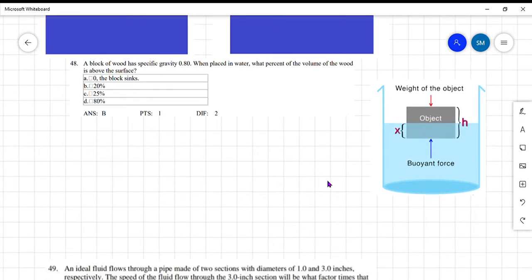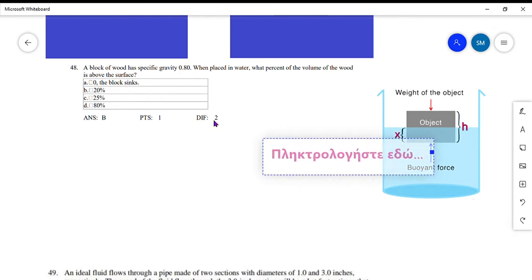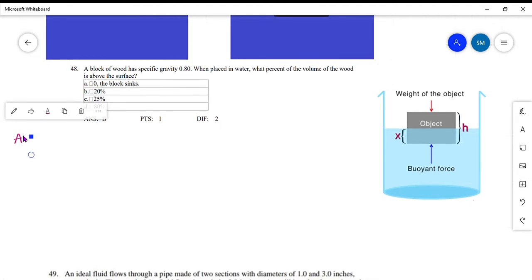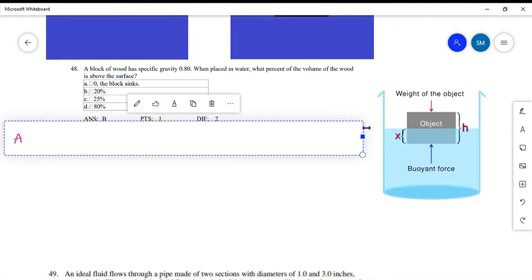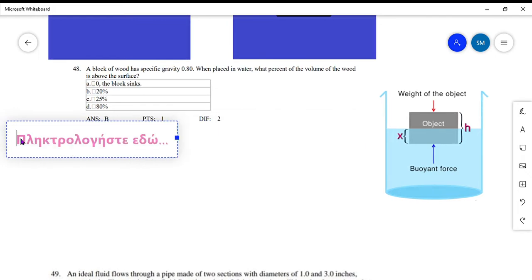Question 48. Okay, let's start. We all know the ratio between the density of the object and the density of the liquid is equal to x over h.